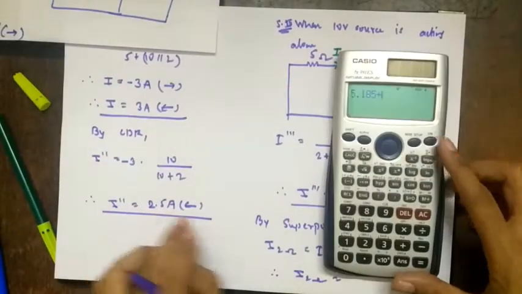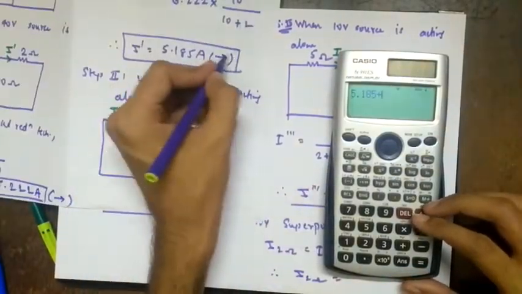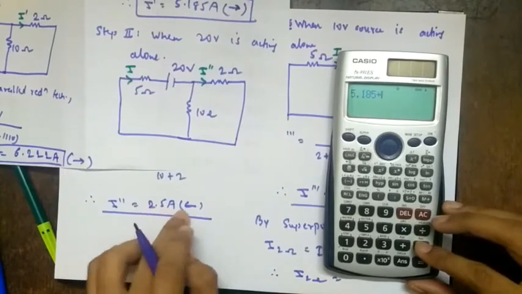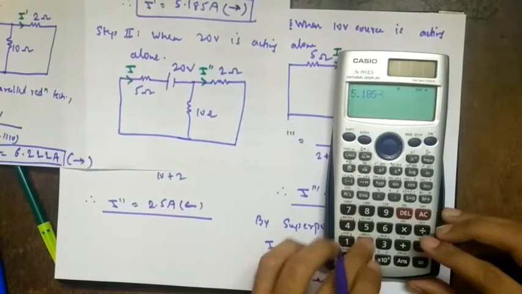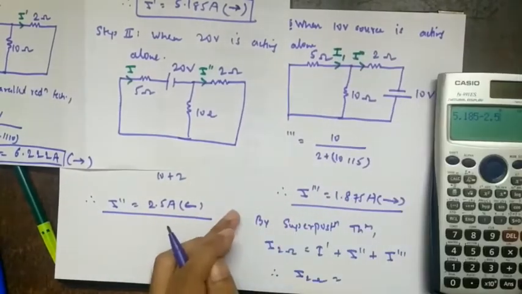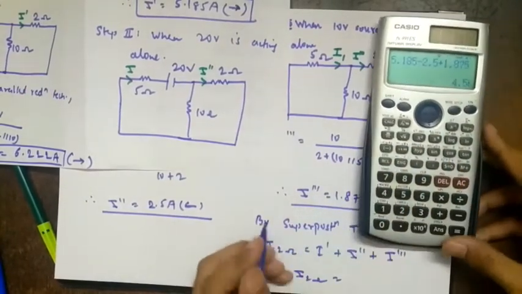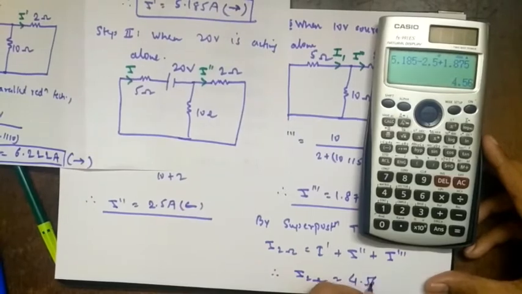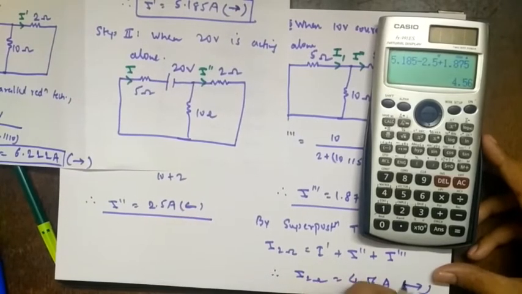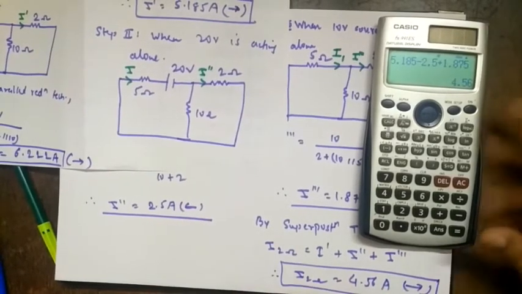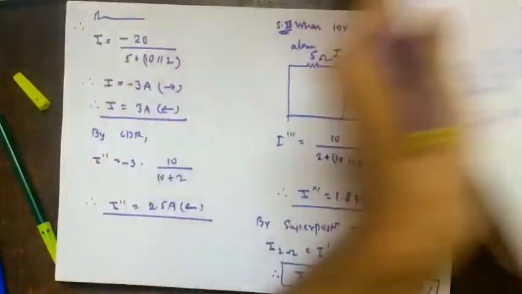What is I double prime? 2.5. But this was towards right, this is towards left. So towards right, this will be minus 2.5. This is very important. And this is towards right only, so plus 1.875. So 4.56 is our answer. Ampere, the resultant current will be towards right. This is our final answer, right?